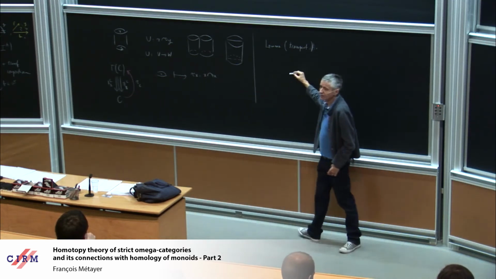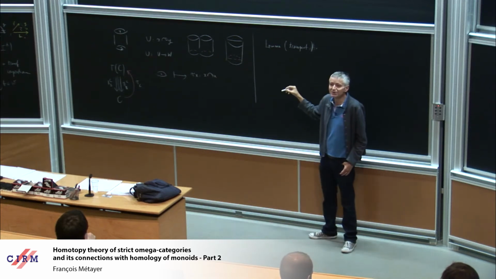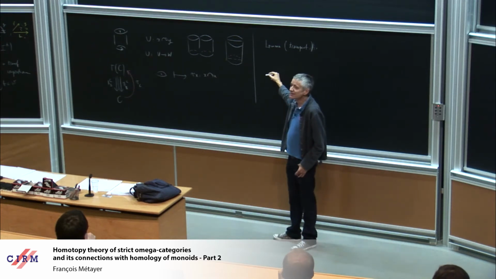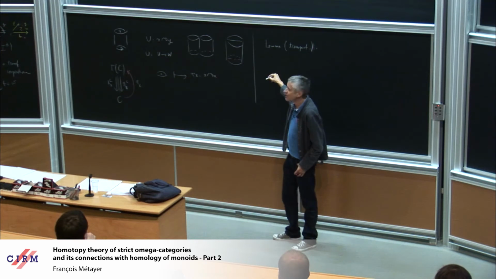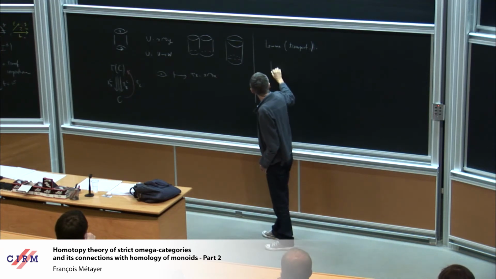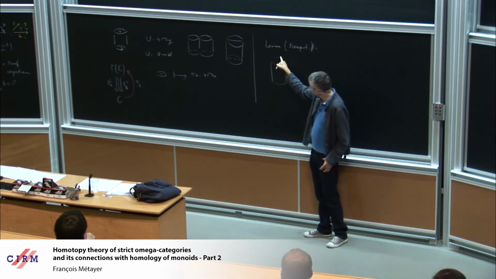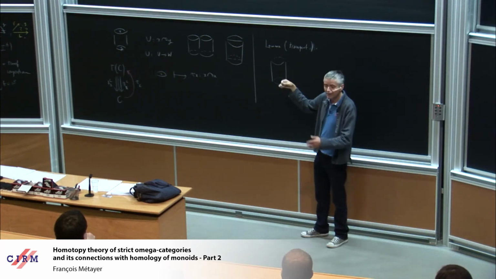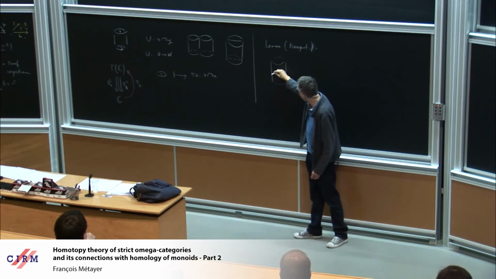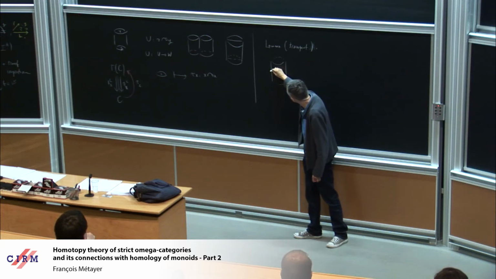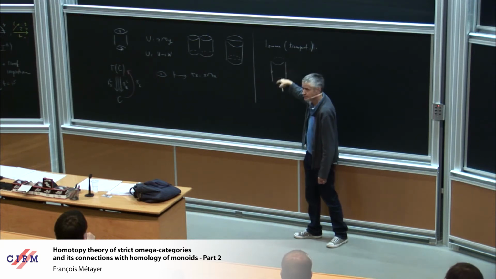I'll explain it in pictures. It says that whenever you have two parallel cylinders, like this, for instance, the one that's behind and one in front are parallel because their source and targets are those cylinders here.